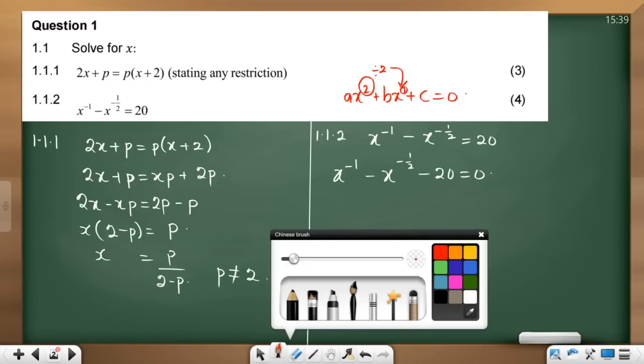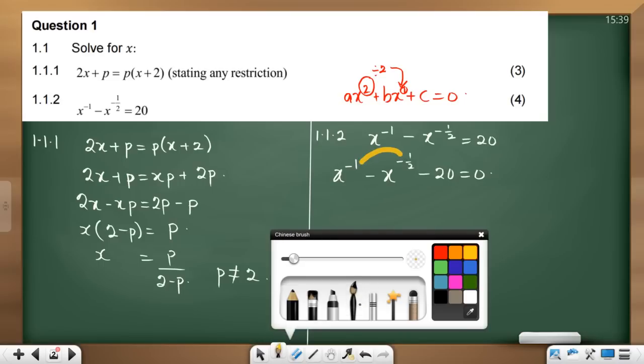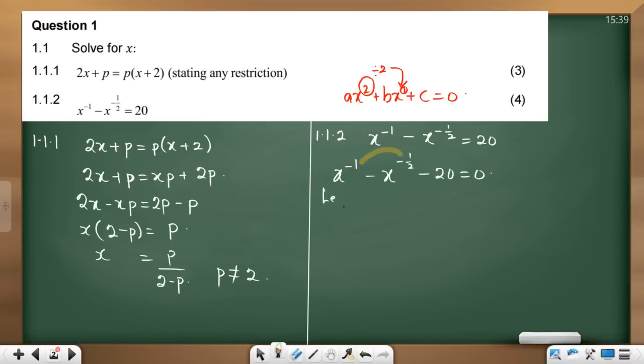So to make it very easy, I'll say let k be equal to x to the power negative half. My x to the power negative 1 can be written as x to the power negative half, all squared, if you understand the laws of exponents.